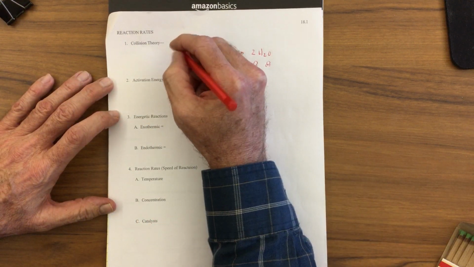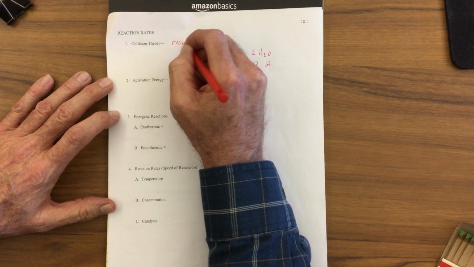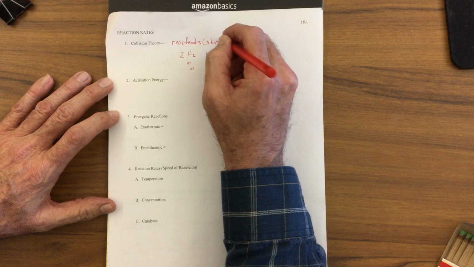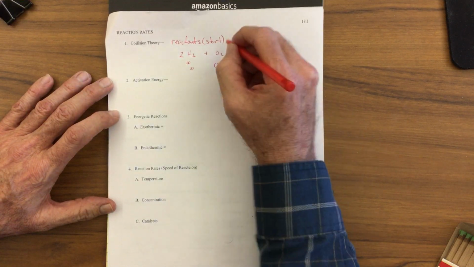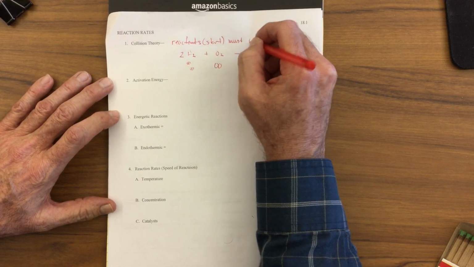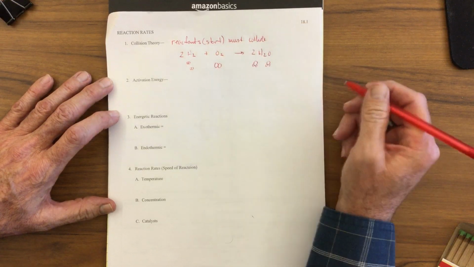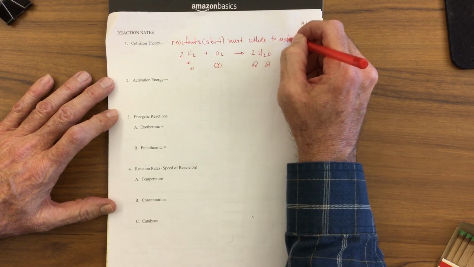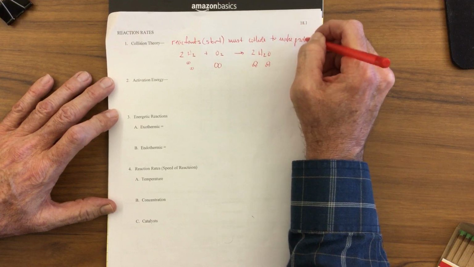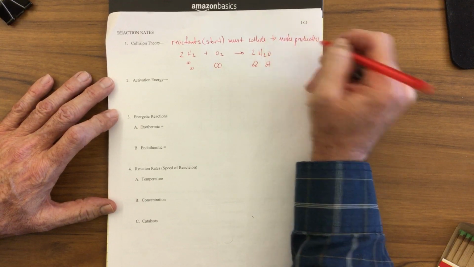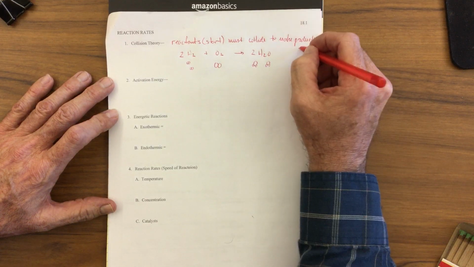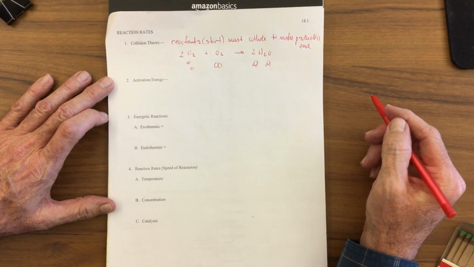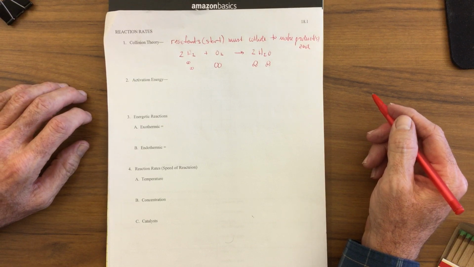So the collision theory is that your reactants, and again, this is your starting stuff, must collide to make the product or products. And again, your products, this is your ending stuff. So here's your reactants here. Here is your products. Okay?